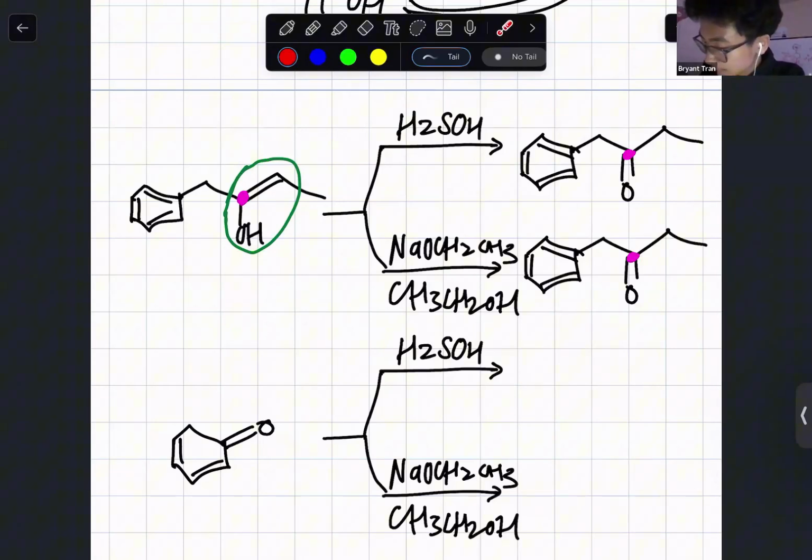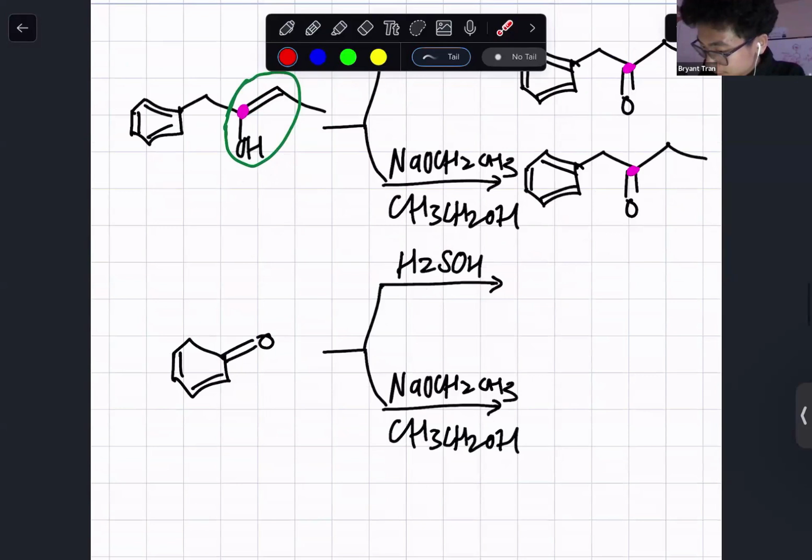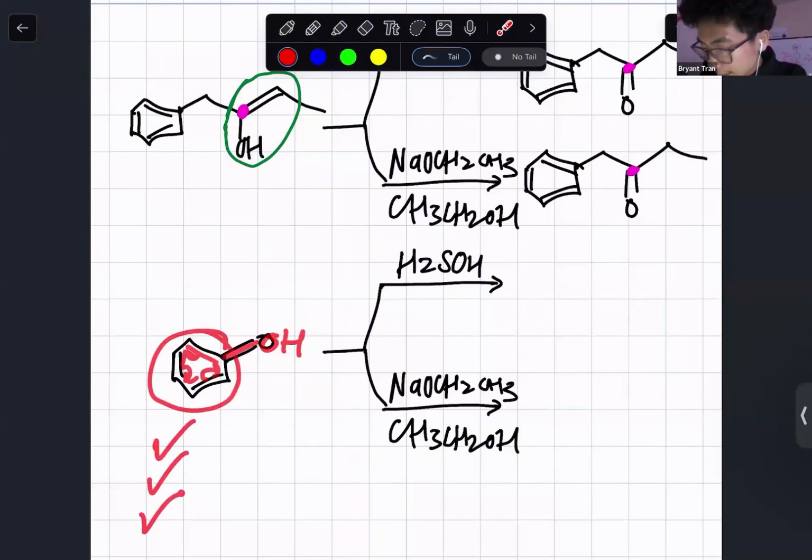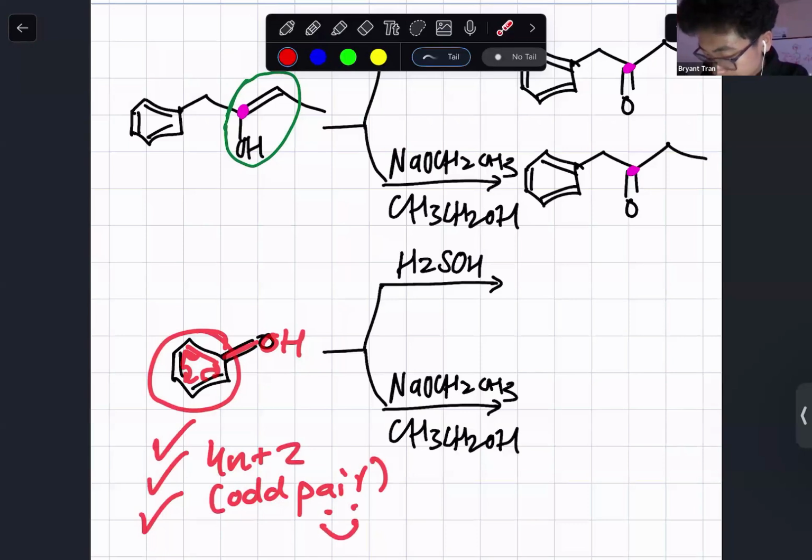Okay. Now for the next one right here, we see that this is the carbonyl form, but its enol form is going to be more stable because these alkenes here can do resonance with each other, and it's aromatic. It's cyclic, it's planar, it's fully conjugated, and it has 4n+2 electrons, making it aromatic and happy, right?